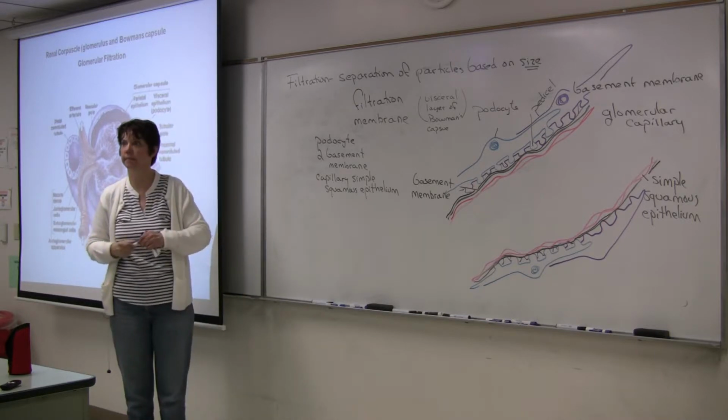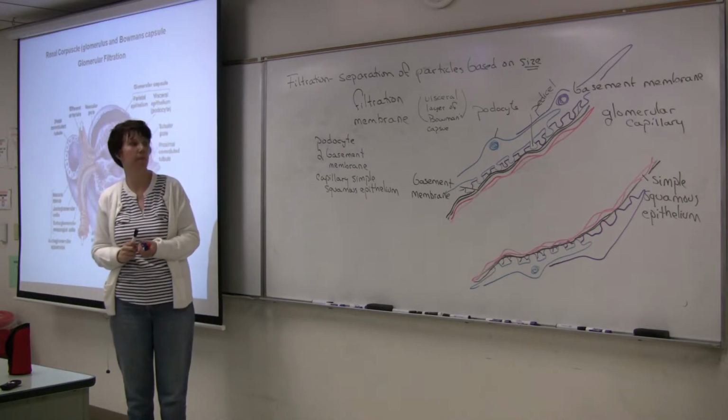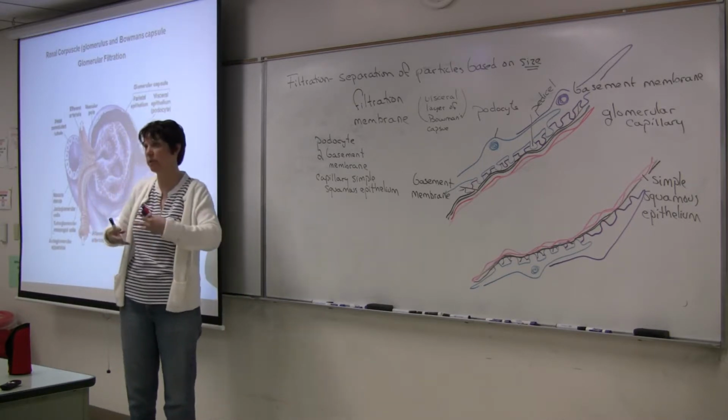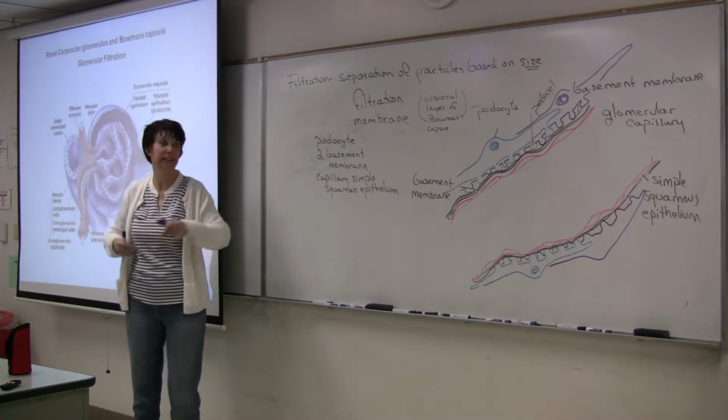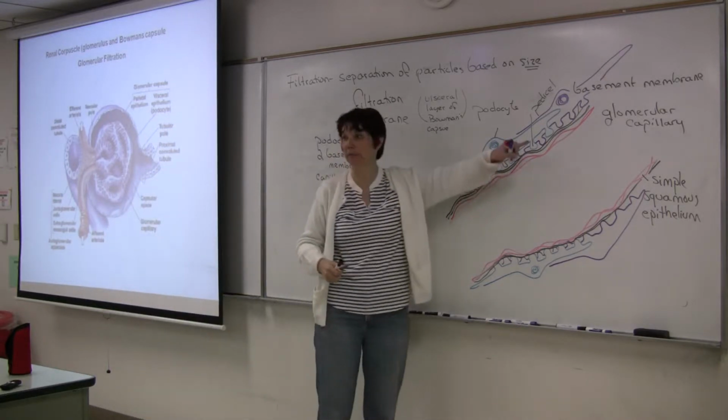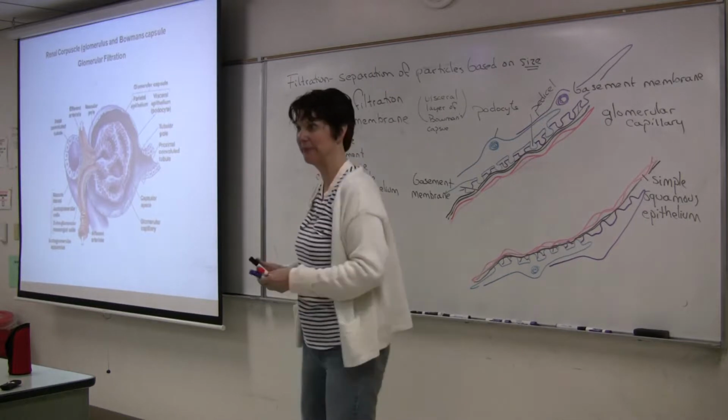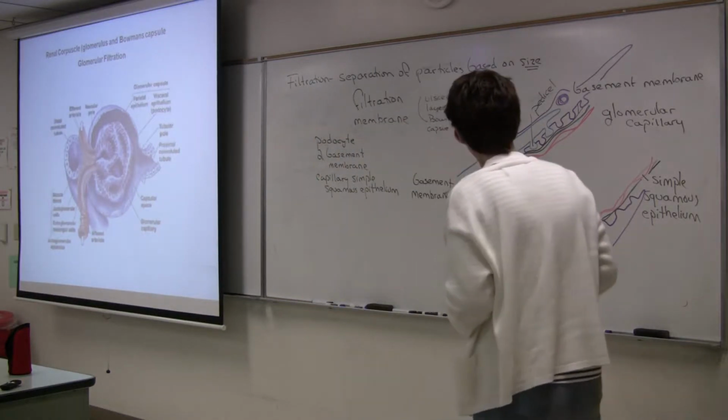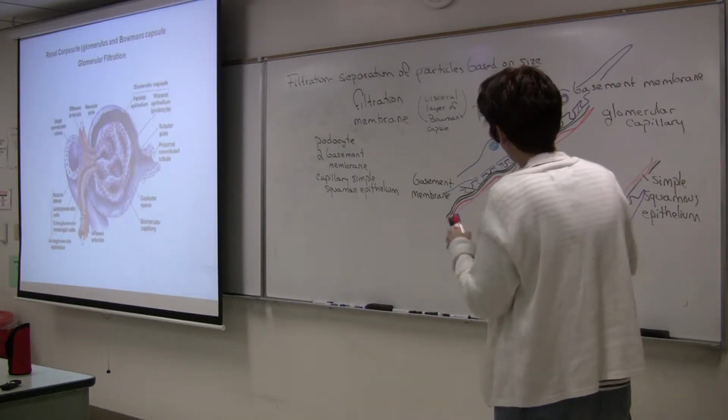Yes? But the purple and the blue cells are both podocytes. They're both podocytes. I just drew one purple so that you could tell that every other pedicel belonged to the same cell. Okay?